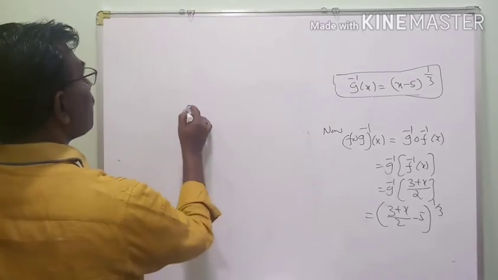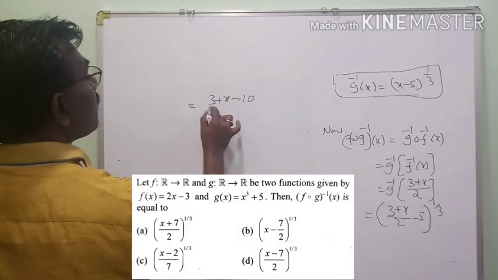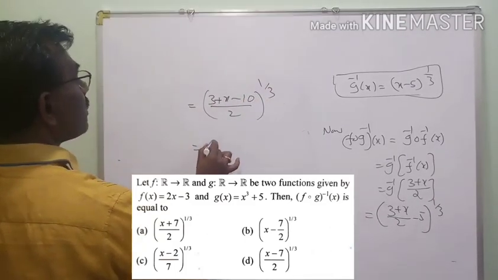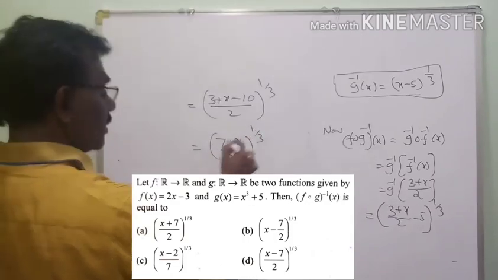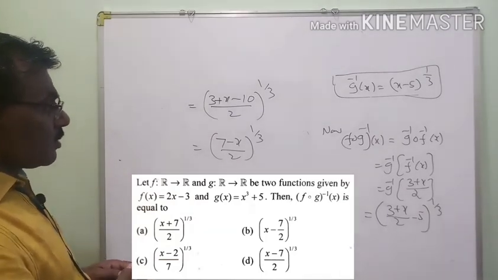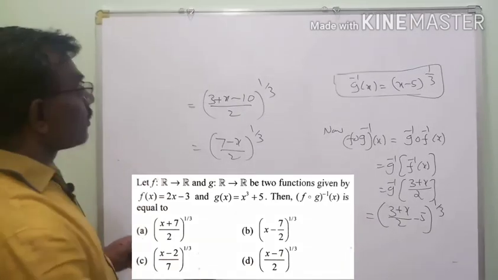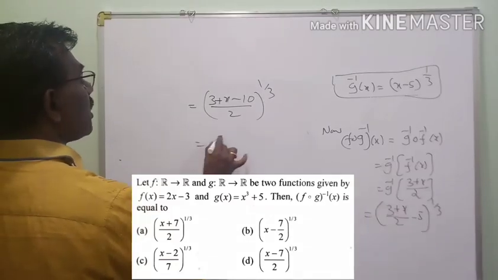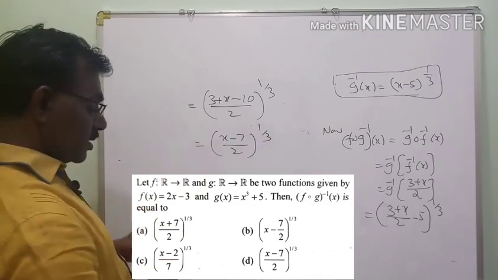This is equal to ((3 plus X minus 10) by 2) whole raised to 1 by 3, which is ((X minus 7) by 2) whole raised to 1 by 3.